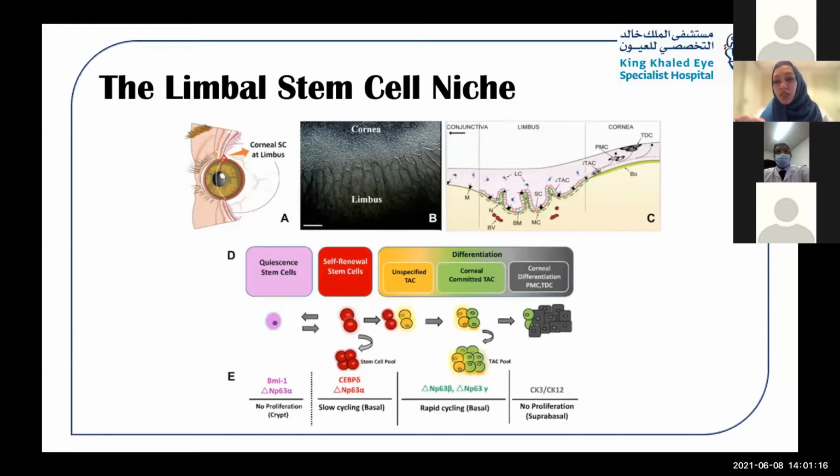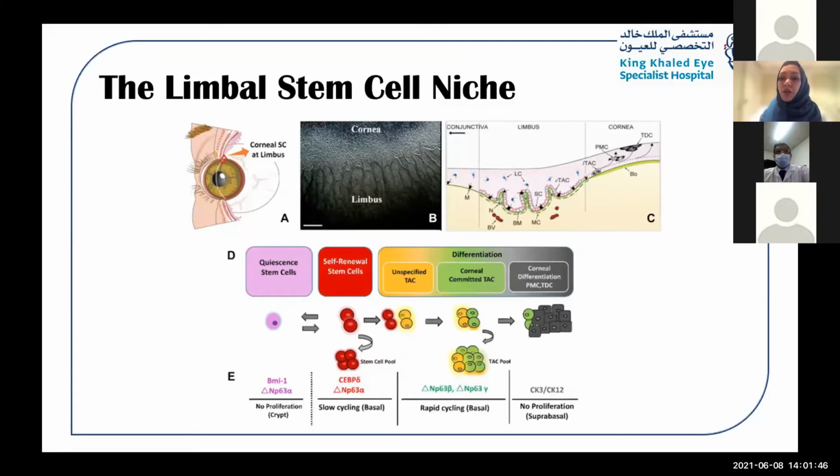Those cells have a slightly more rapid cell production cycle, and they are the progenitor for the future epithelial cells of the cornea or any structure. But in the beginning, they start as unspecified cells, then they start to differentiate and pick up the speed of their mitotic activity, and they become more corneal committed, transient amplifying cells.